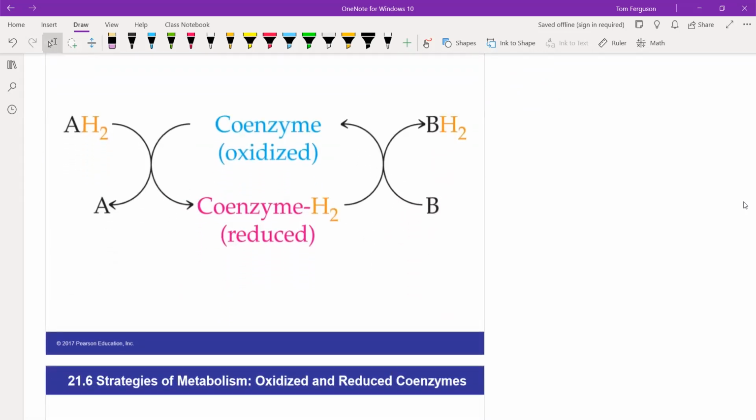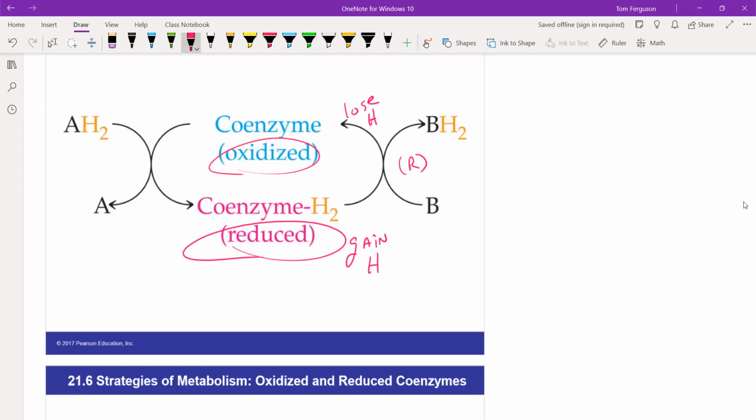Now, again, whenever we have an oxidation reduction, when things are reduced, we gain hydrogens. When things are oxidized, we lose hydrogens. So in this case, this is being reduced because it goes to H plus. Here, this is being oxidized because we're losing hydrogens.